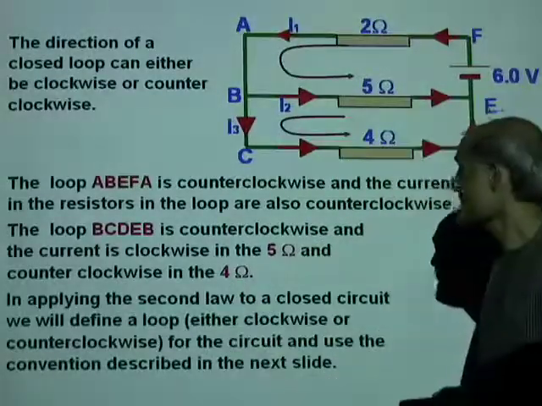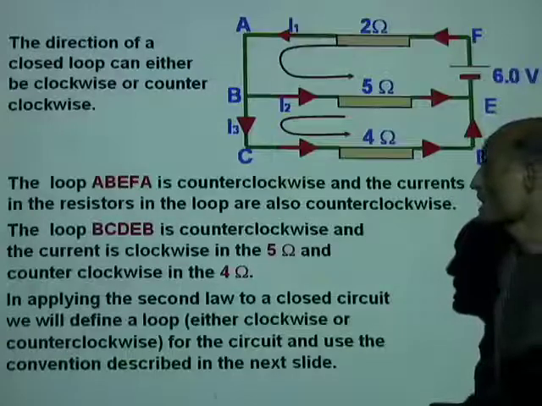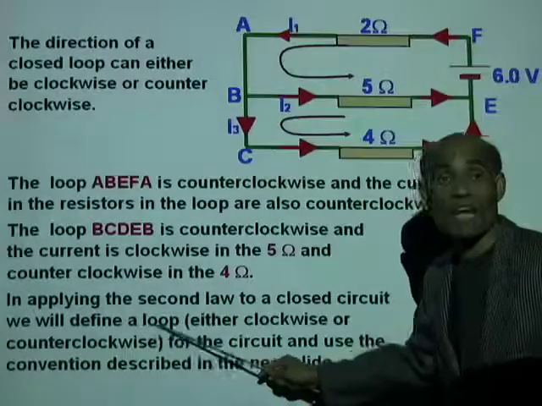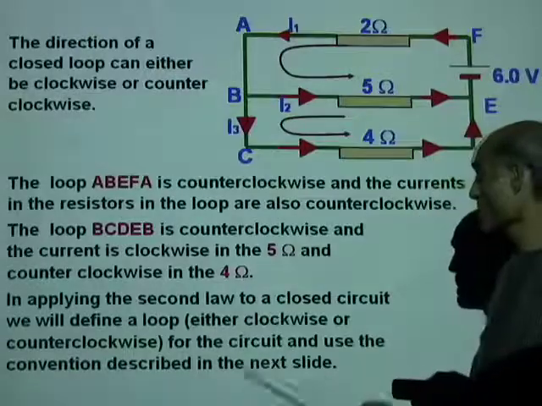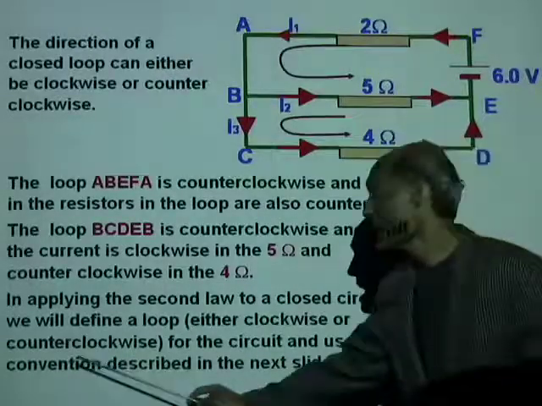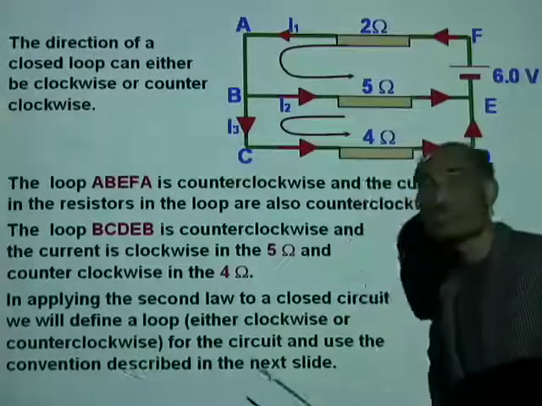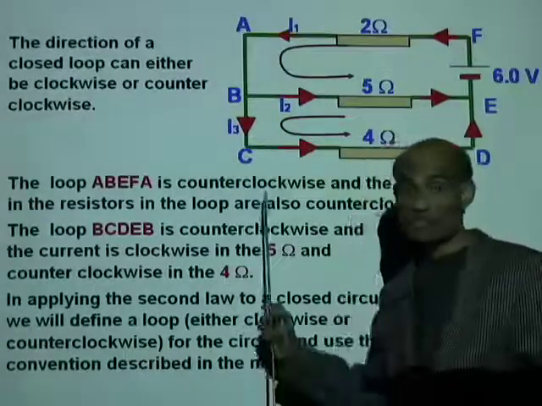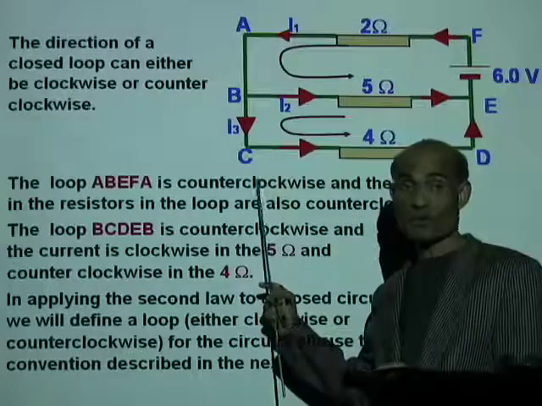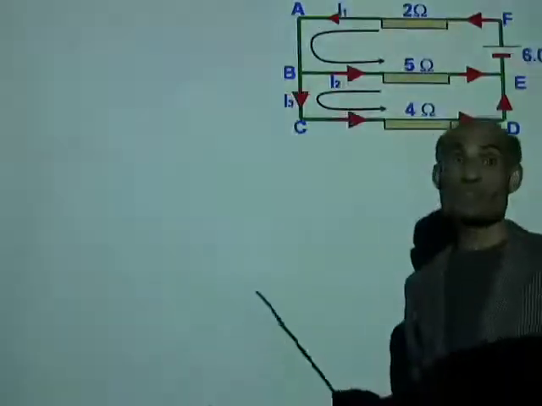In applying the second law to a closed circuit, we will define a loop that is either clockwise or counterclockwise for the circuit and use the convention described in the next slide. And that is the convention I was talking to you about. I'm going to put down that convention for you.